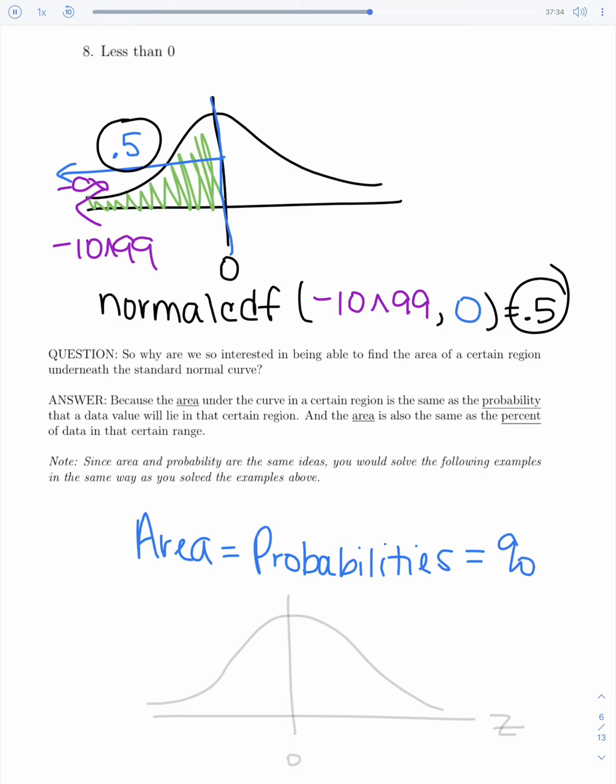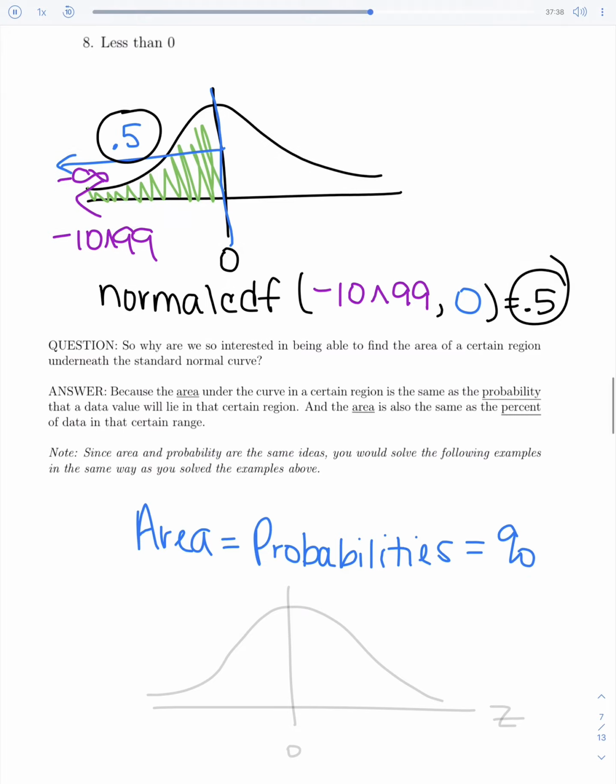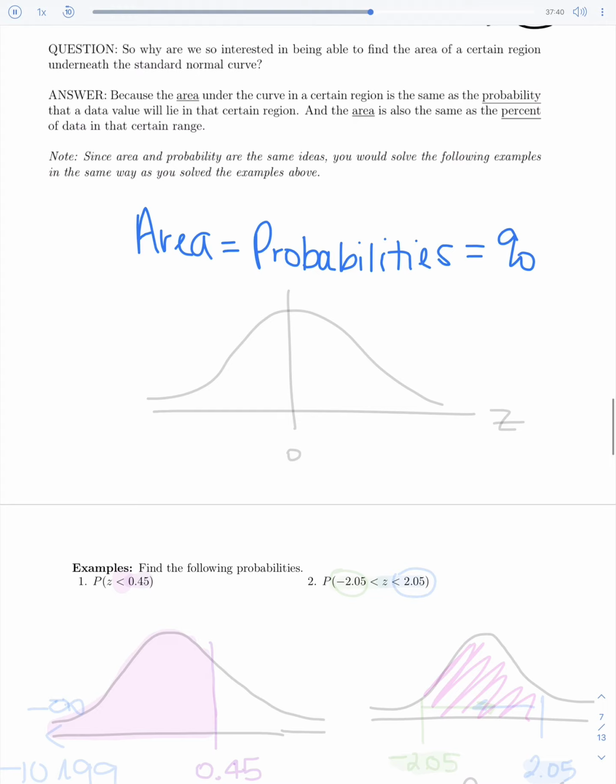We're all going to be drawing a curve and figuring out either what's to the left, to the right, or in between two values. And we'll be using this curve, this standard normal curve with z's on the bottom most times, or zeros in the middle. So this is kind of the picture we really want to get used to.